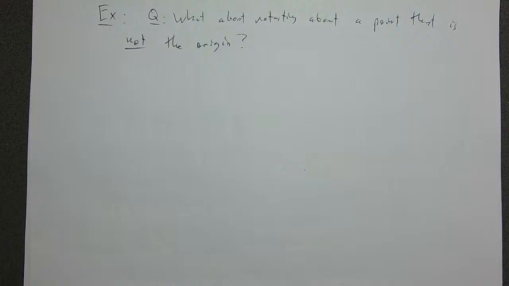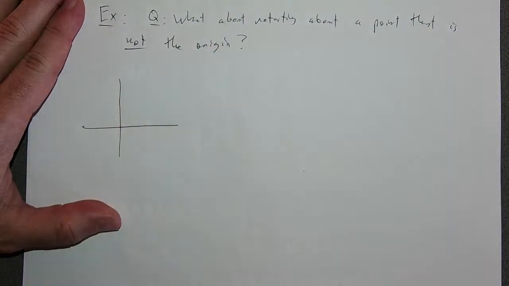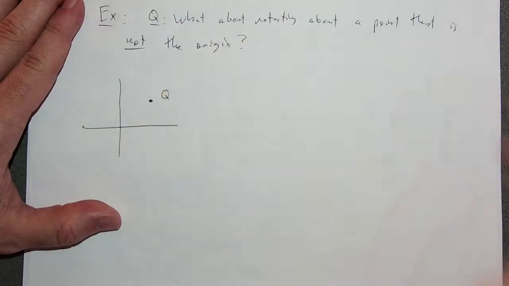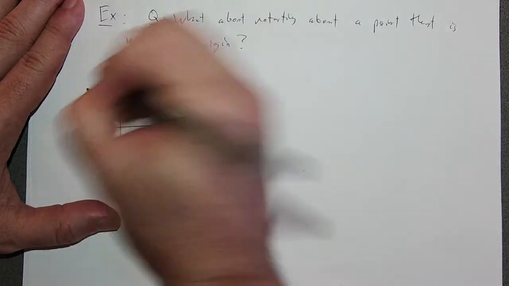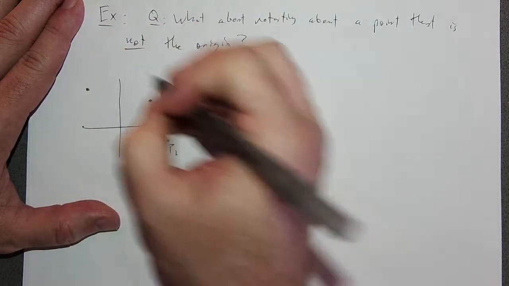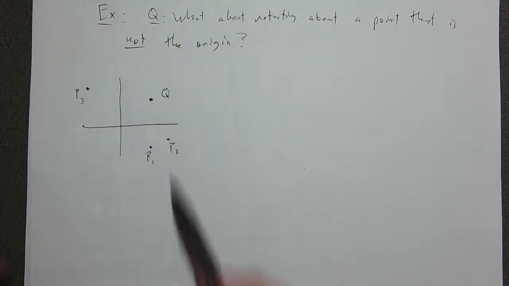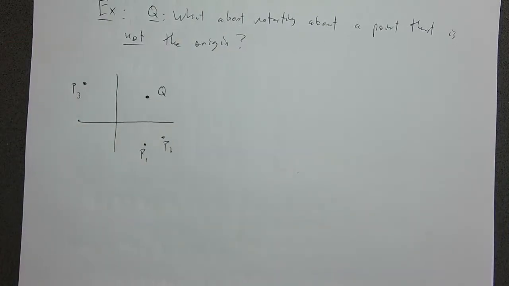What do you do when you want to rotate about a point that's not the origin? For instance, let's say I have a point here. We'll call this Q. And then I have some other collection of points here, say P1, P2, and P3. And let's say I want to rotate about Q rather than the origin. What do I do to do this?